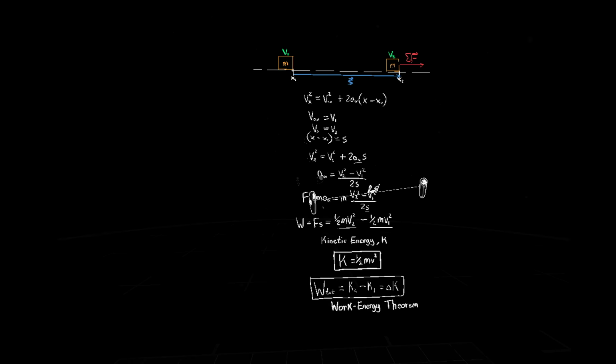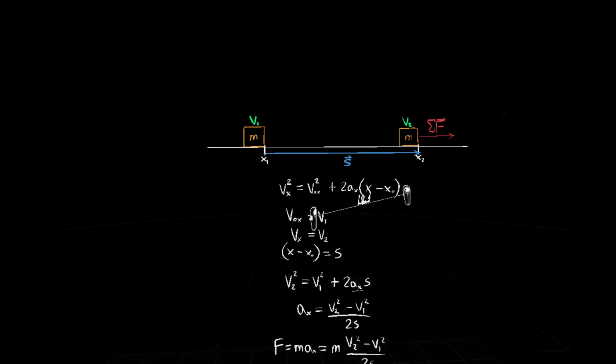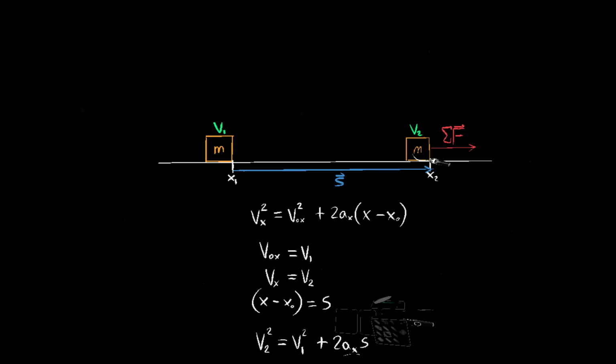So if we come back here, whatever kinetic energy this thing possesses with its mass and its speed, it's equal to the amount of work that it took to get it to that speed.